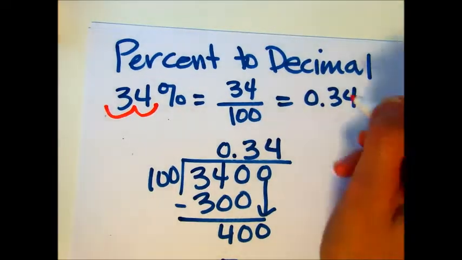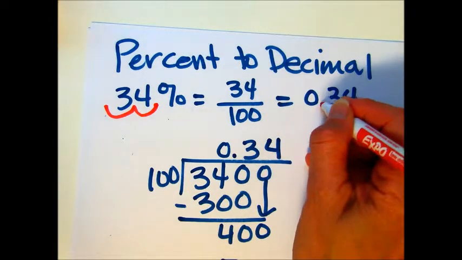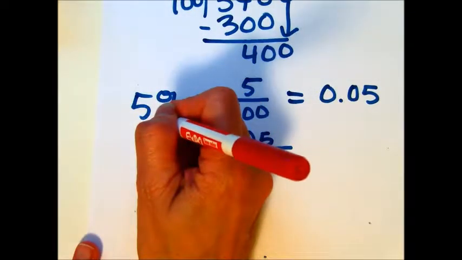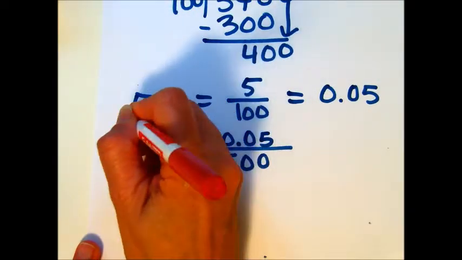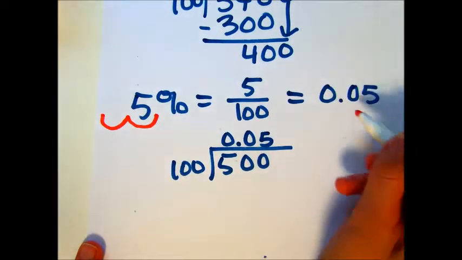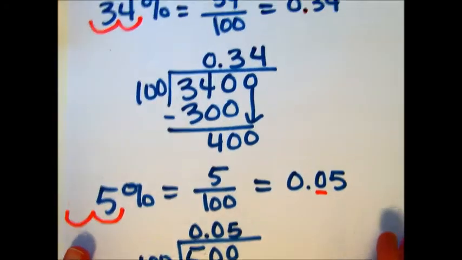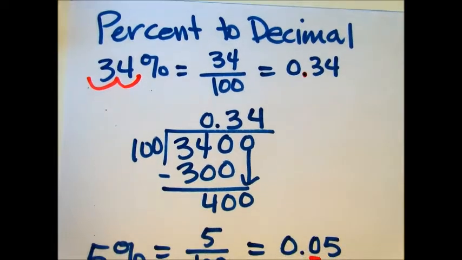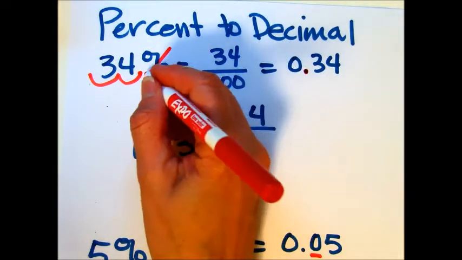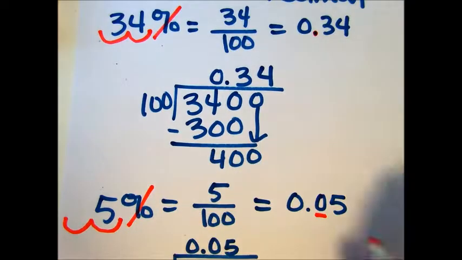And you can see that's where it is. 34 becomes 34 hundredths. Same over here. Here's the decimal point. We're going to go 2 places to the left. Notice I've got an empty space there, so I need to put in that placeholder. And the other thing I want to mention is, notice in both of these cases, I've gotten rid of the percent sign. There's no percent sign here. Again, no percent.